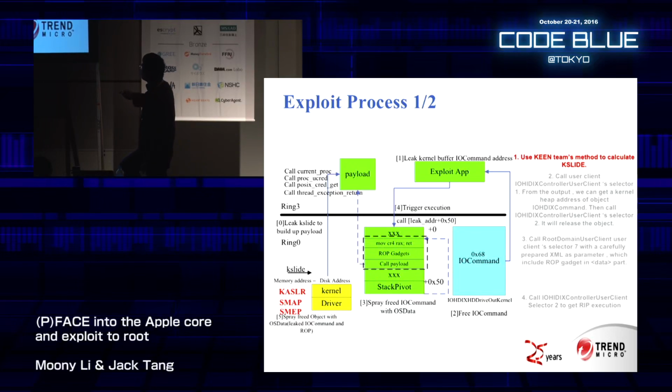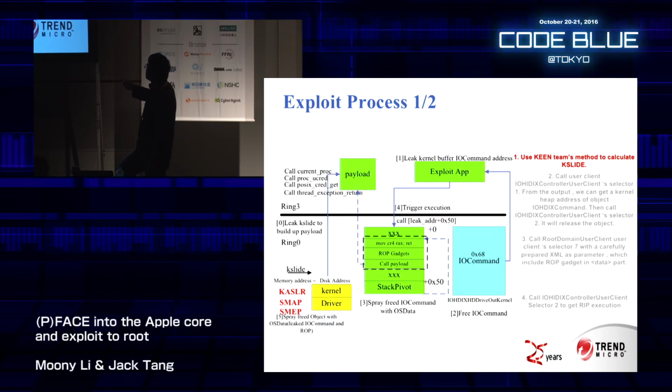And then we would release, free the IO command buffer here. And then we would keep spraying the IO command with our new OS data. The OS data contains a specially defined ROP chain and a specially defined stack pivot like this.